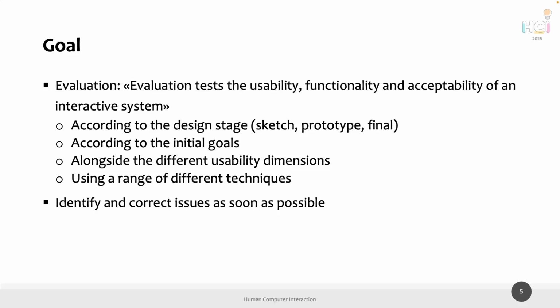We can evaluate according to our initial goals, along the different usability dimensions, and using, again, a range of different techniques. And in this course, we will see two of these techniques: heuristic evaluation in the assignment three and usability testing at the end of the course. Okay?